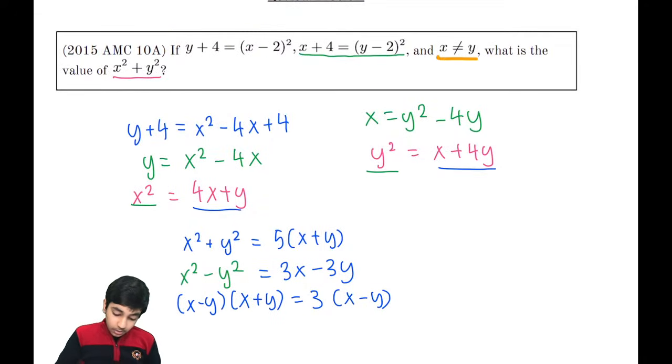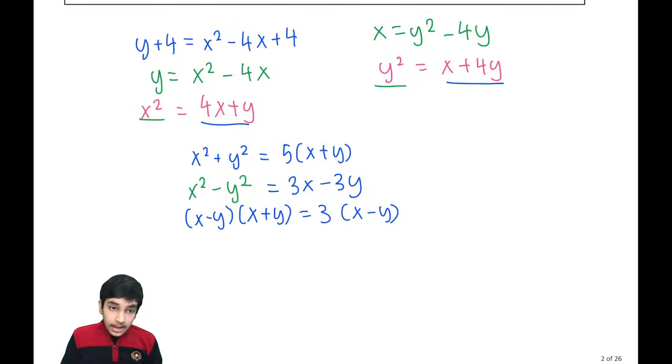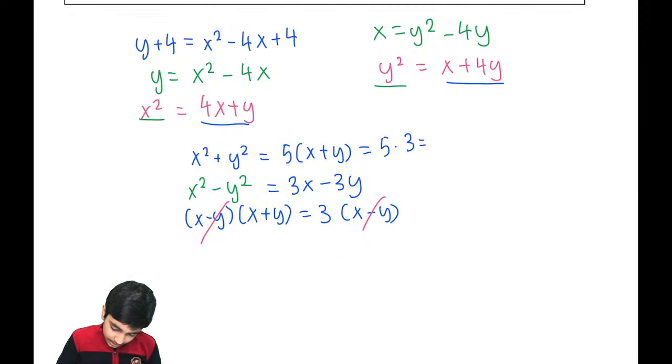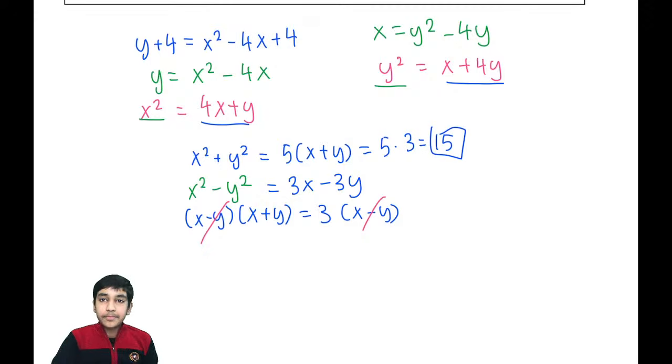If x is not y, then x minus y is not 0, because x minus y will only be 0 if x is equal to y. That means we can divide by x minus y without worrying about dividing by 0. So these terms cancel, and we're left with x plus y equals 3, meaning that x squared plus y squared is 5 times x plus y, or 5 times 3, or 15, which is the answer for this problem.